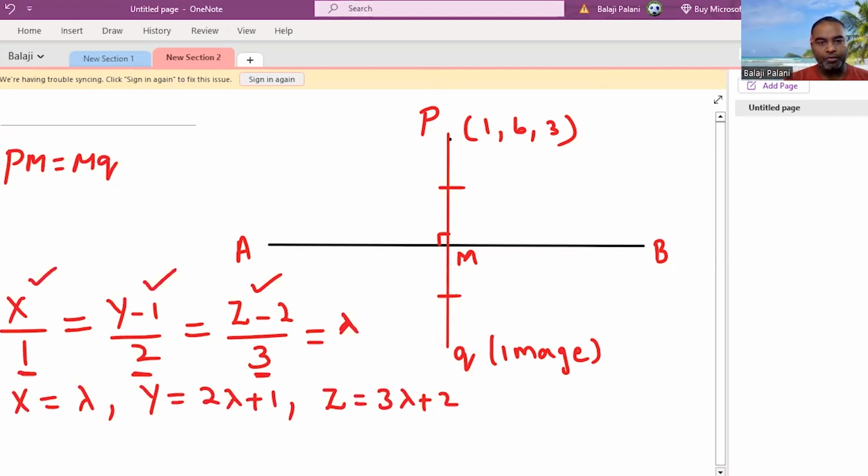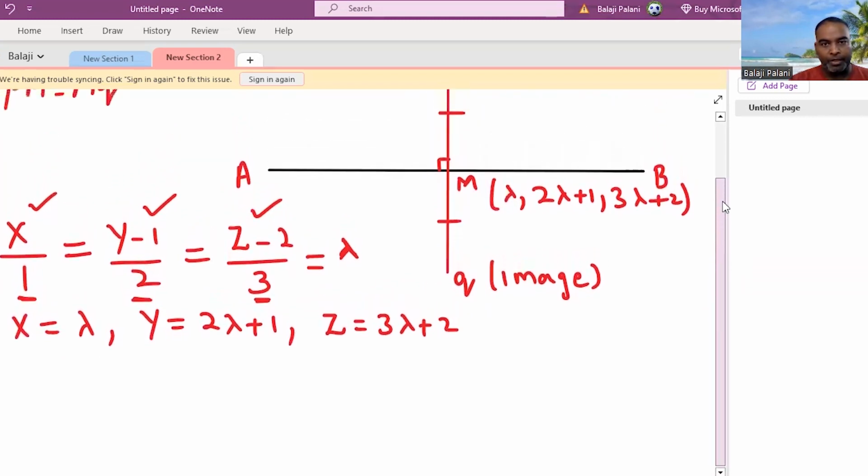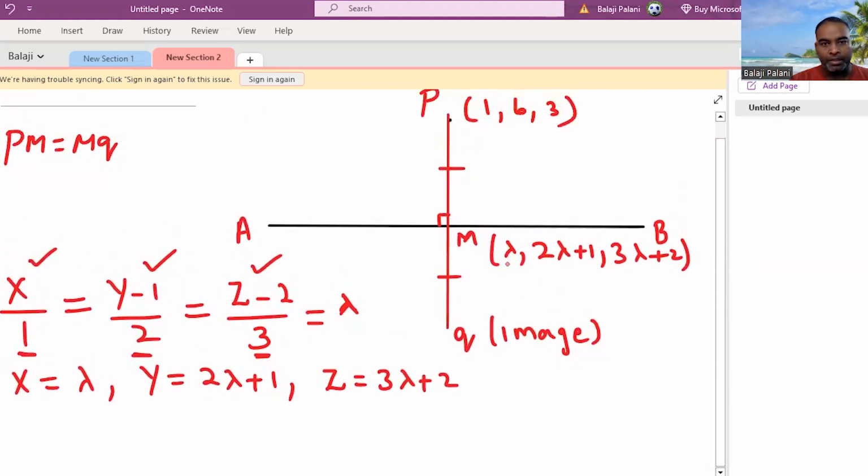So now we will find the DR of the line PM. M's coordinates as of now are (lambda, 2 lambda plus 1, 3 lambda plus 2). And we know that the DR of a line where two points are given is x2 minus x1, y2 minus y1, z2 minus z1. So the DR of PM is lambda minus 1, 2 lambda plus 1 minus 6, 3 lambda plus 2 minus 3.